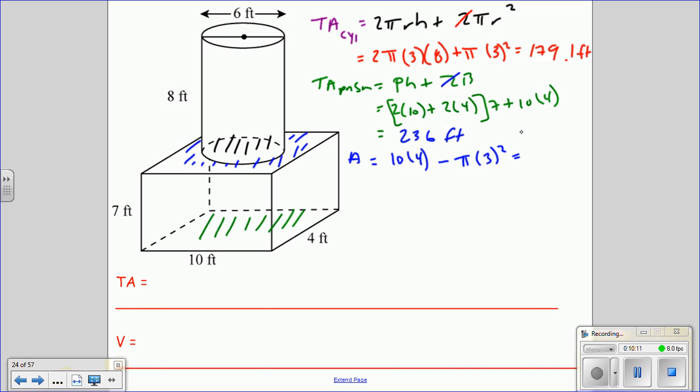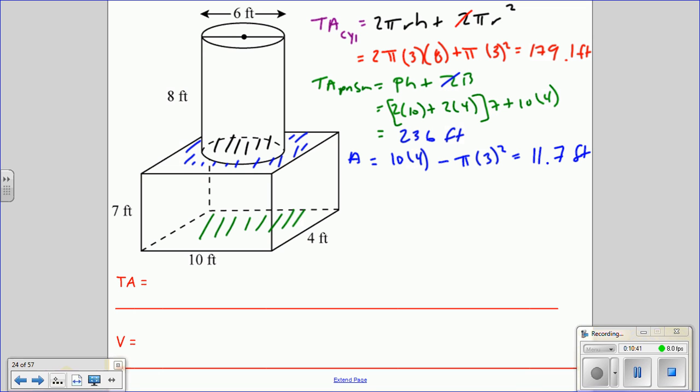The area of the blue portion we also need in our final total area. So 40 minus pi times 3 squared, and that is about 11.7 feet.